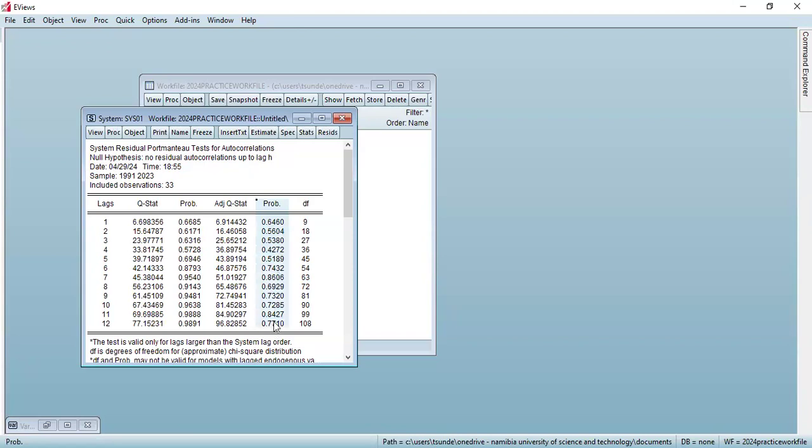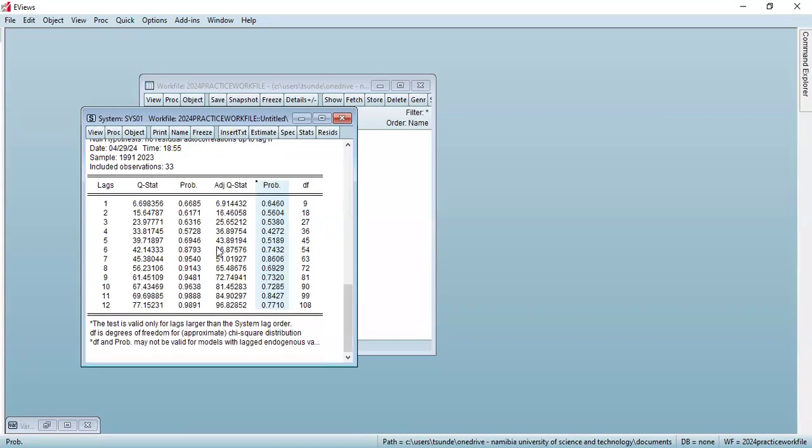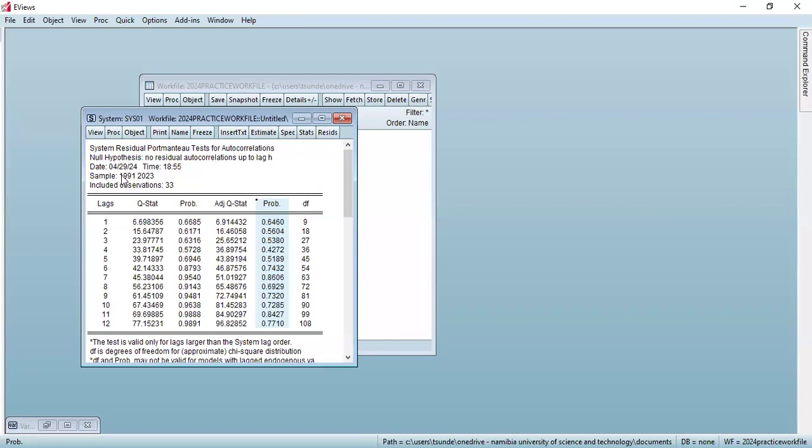This is another test for autocorrelation that you can use. So all the probability values are greater than 5%, which means there is no autocorrelation in this model. So you look at the probability values, if they are greater than 5%, there is no autocorrelation at the lags selected by eViews, because we didn't select this, it's eViews that selected those lags.